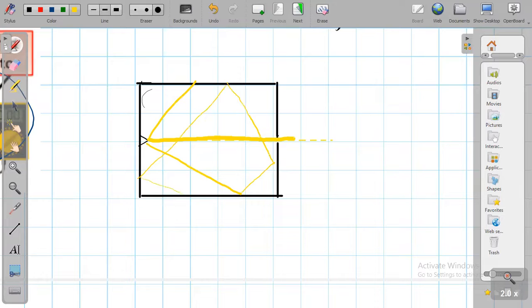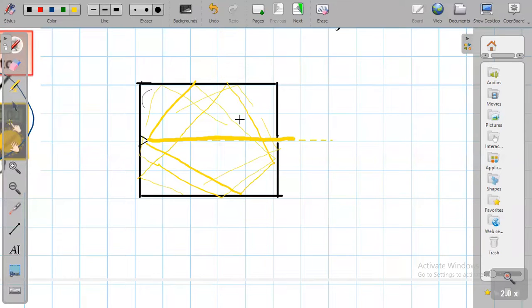The line reduces and reduces, and finally vanishes. The same thing happens to this side as well, bouncing again and again and vanishing.